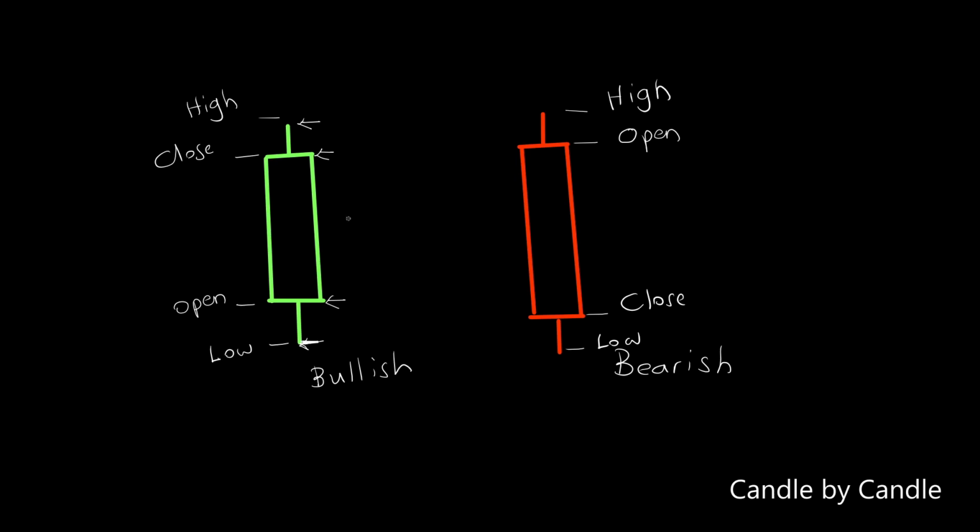So that's a bullish candle. In a bearish candle the price opened here, then went to a high here, and then the lowest value it reached was here and it closed here.